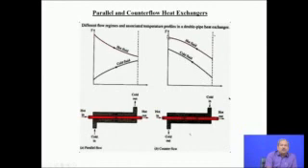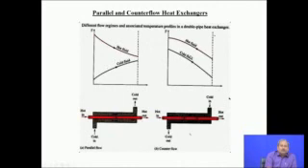This is the hot fluid inlet, and it moves in the reverse direction, and this is the hot fluid outlet. Here you see that throughout the length of the heat exchanger, you maintain a sizable, appreciable delta T between the hot and the cold fluid, which was not the case for parallel flow.